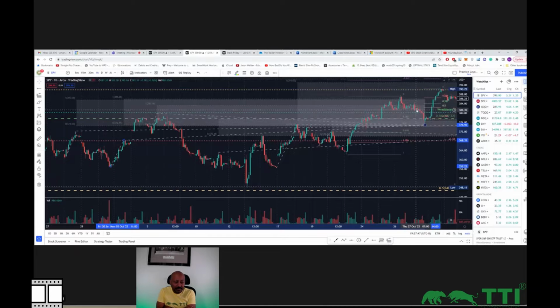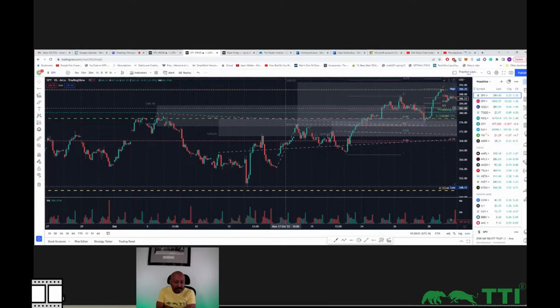Okay. And then as I go through, let me delete some of these so that it's a little clearer to see too. This is another one that I drew based off this move right here.